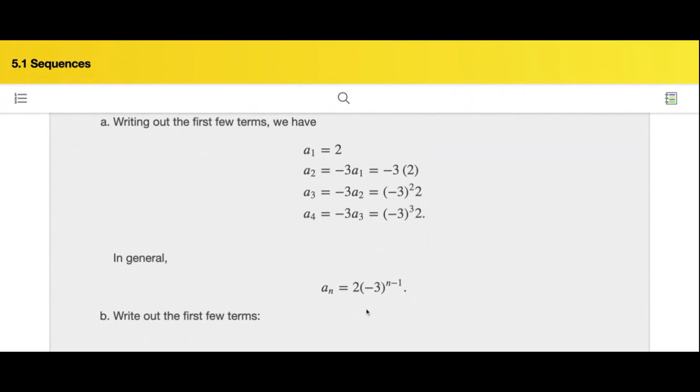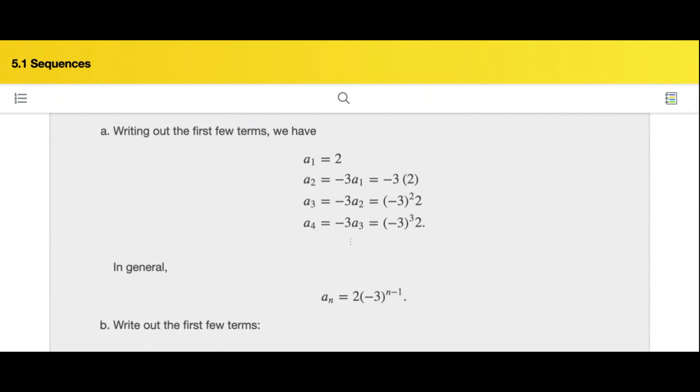A geometric sequence can be represented by an exponential function. So we can check the first term is 2: 1 minus 1 is 0, -3 raised by 0 is just 1. Second term, 2 times -3 raised by 2 minus 1, which is 1. So that's 2 times -3.